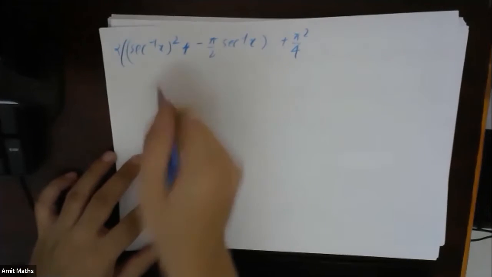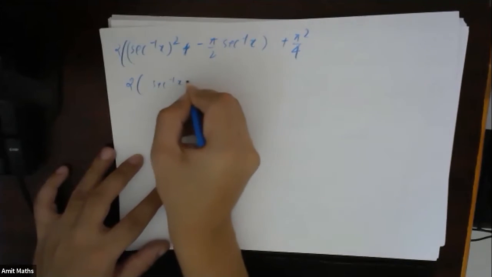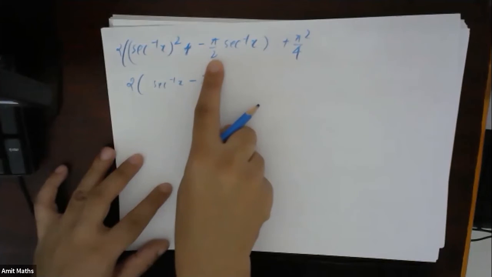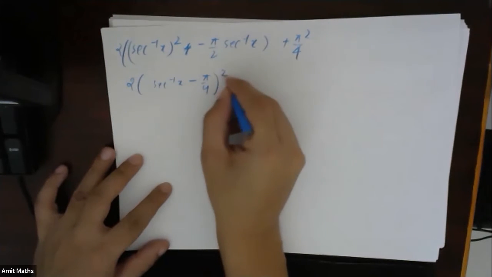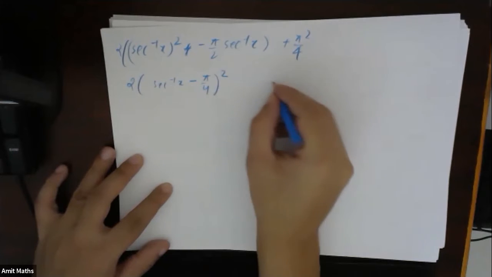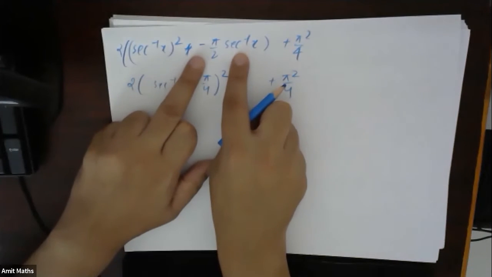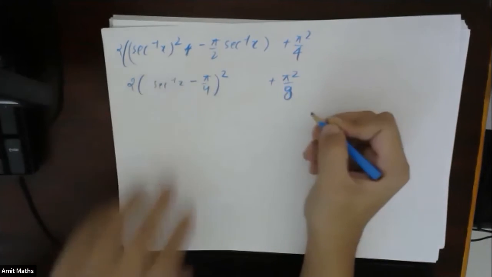If I convert this into a perfect square, this will become 2 into sec inverse of x minus pi by 4 whole square, because this is pi by 2, so it must have been multiplied with pi by 2. And I have plus pi square by 4, and here I have subtracted and added pi square by 16, so this total will become pi square by 8, right?